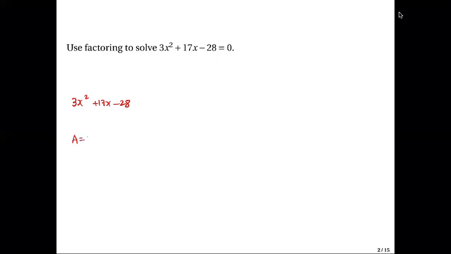You have a equals 3, b equals 17, c equals minus 28. You have capital AC, that's 3 times minus 28, and this is equal to minus 84. Capital B is just 17.